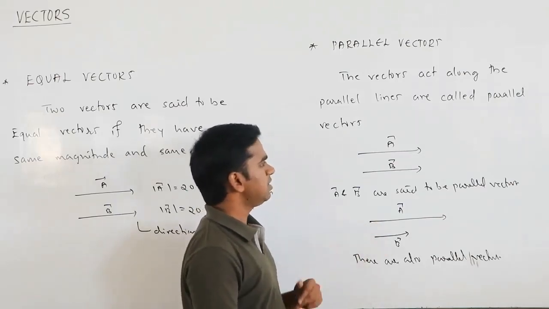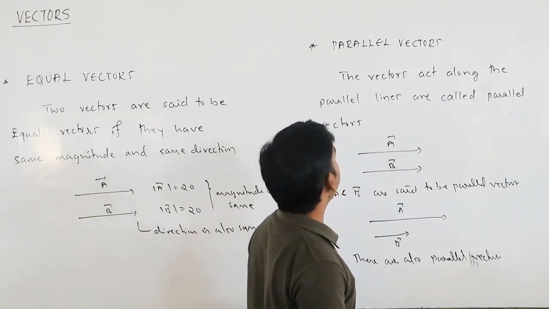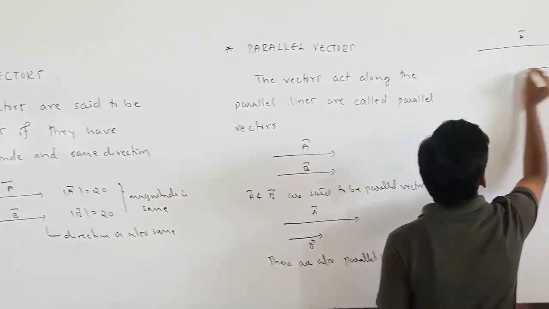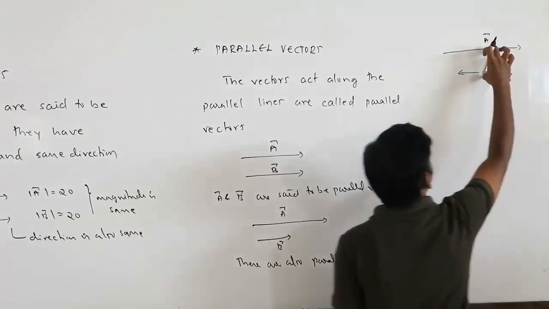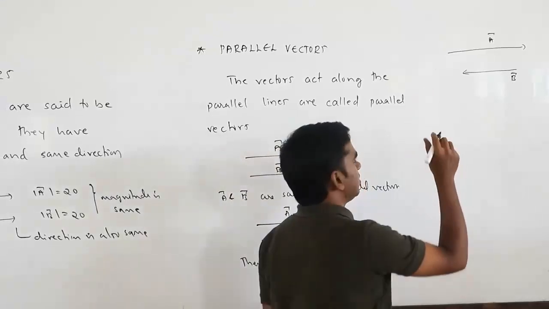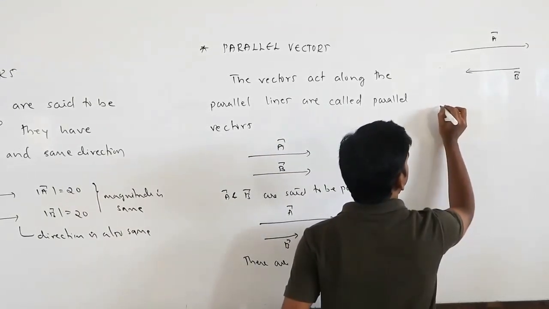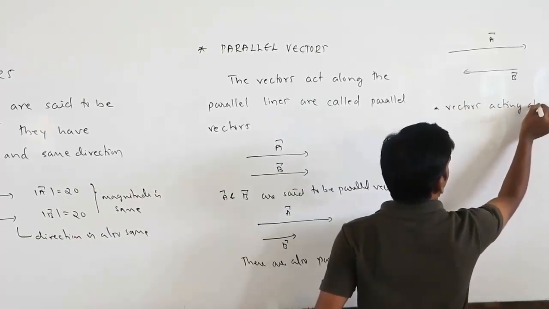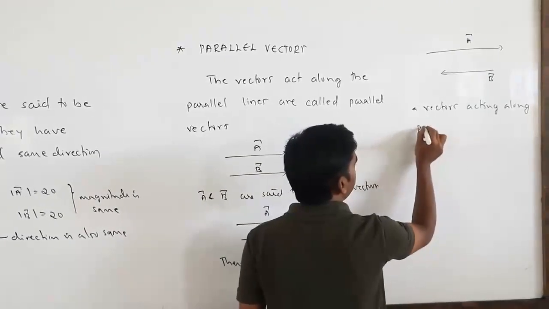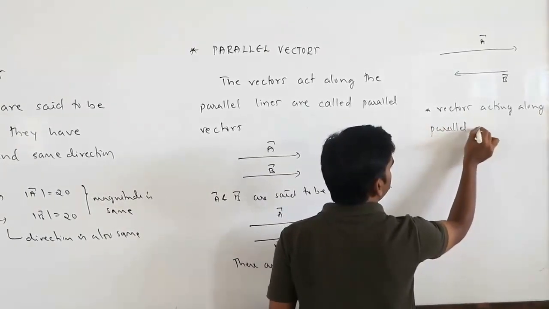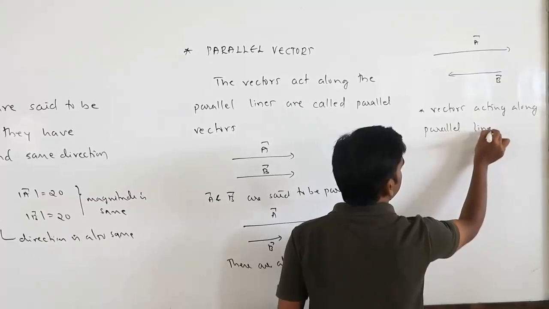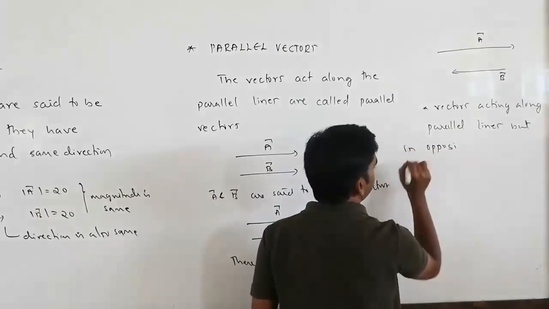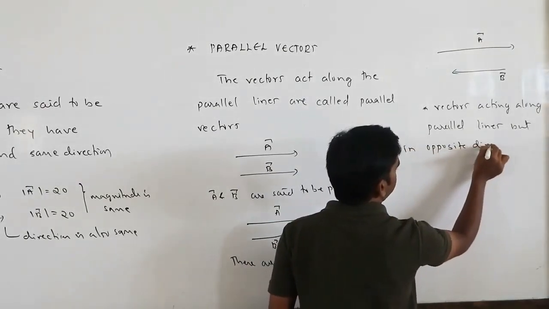If you change the direction, you can call them anti-parallel vectors. So instead of this one, I will take vector A here and vector B in this direction, acting along parallel lines but in opposite direction.